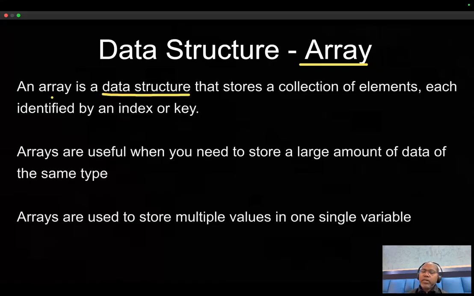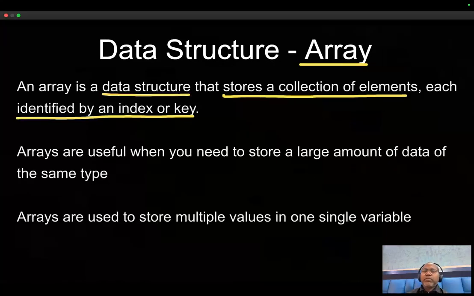What is an array? An array is a data structure that stores a collection of elements, each identified by its index or key. Generally in a programming language, whenever we store any element or item, we declare a variable to hold the value.